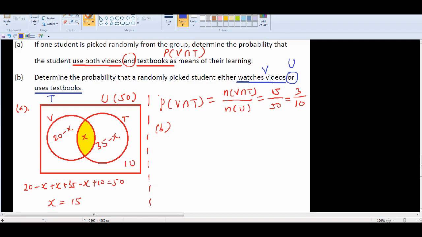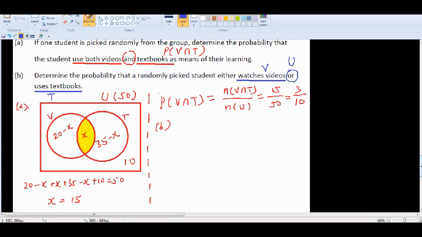In this case, what you are going to do is find V union T, and of course we see they are not mutually exclusive, because you've already got a non-zero intersection. So you need to apply the addition rule like this.